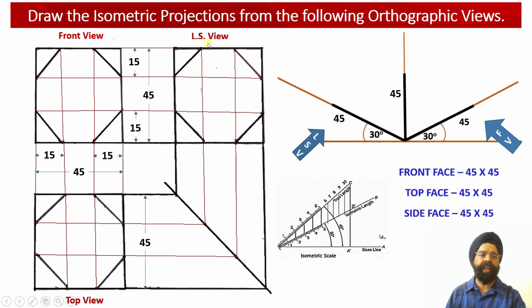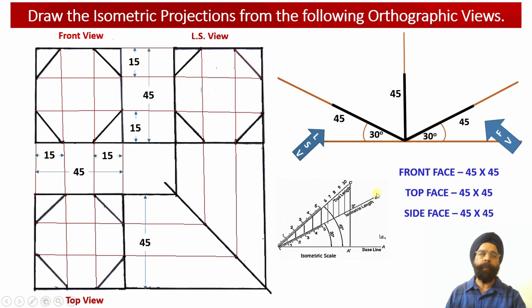In order to obtain the isometric projections of this object, whatever true length dimensions are available with us in the orthographic projections, we are required to obtain alongside this true length scale, which is drawn at an angle of 45 degree. And now the vertical projectors from the true length scale onto the isometric length scale we have to obtain, so that the corresponding isometric length dimensions can be obtained over here.